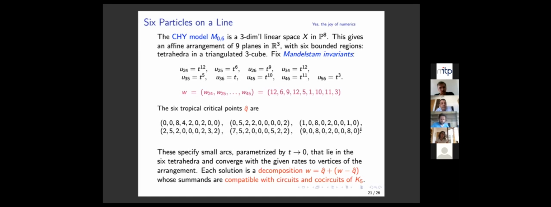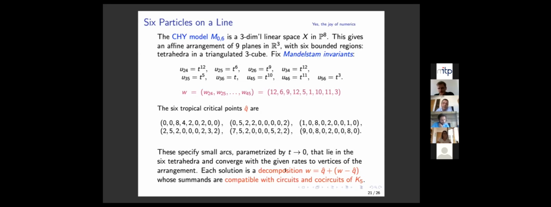So again, for the classical solution, I have 6 bounded regions, and each of them contains 1 critical point. But now with the t, the critical point moves towards a vertex of that bounded region. That vertex is chosen to be an NBC basis.